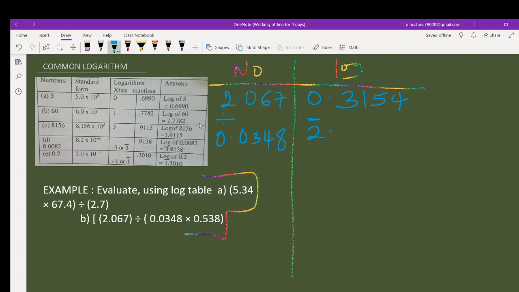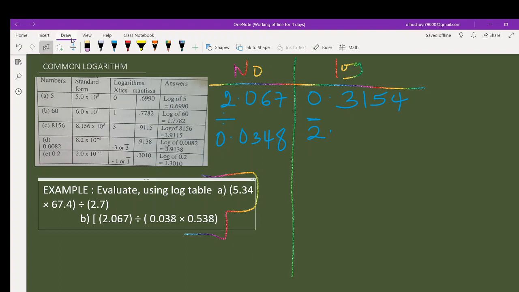Bar 2 point. You take 34 under 8. Checking 34 under 8, you are going to be having 54. Okay, 0.038. There's an error here, sorry. This should be 38.